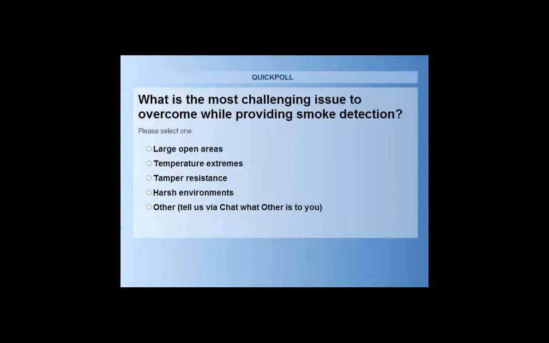Next question that came in: harsh environments, are there specific maintenance or cleaning requirements? Yeah, sure. Again, as Krista mentioned, as far as filtration, which I'll talk about later on, there is no need for additional filters. But as far as cleaning and maintenance, we do monitor the airflow.